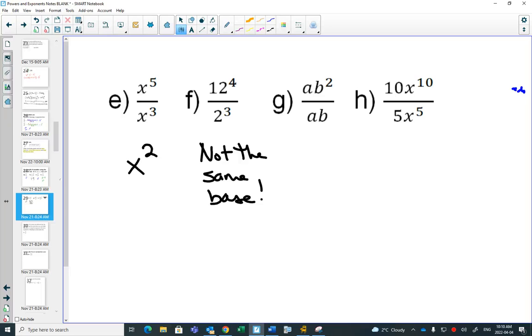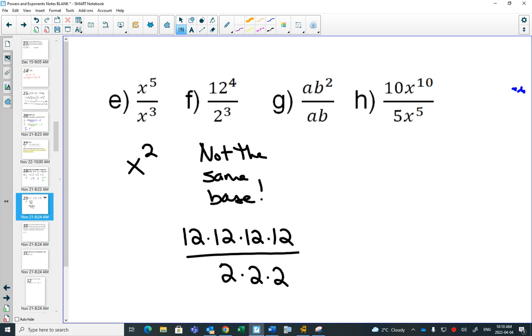We could write the top as, I like this, actually, showing you some other cool math stuff. Top is 12 times 12 times 12 times 12. The bottom is 2 times 2 times 2. I'm guessing your 12 times 12 times 12 times 12 is not so good mental math. No? That would definitely be a calculator, right?